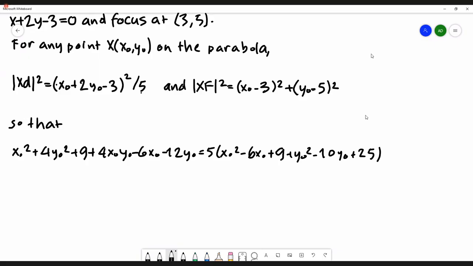If we simplify this, we will obtain a much more reasonable equation in terms of x0 and y0.